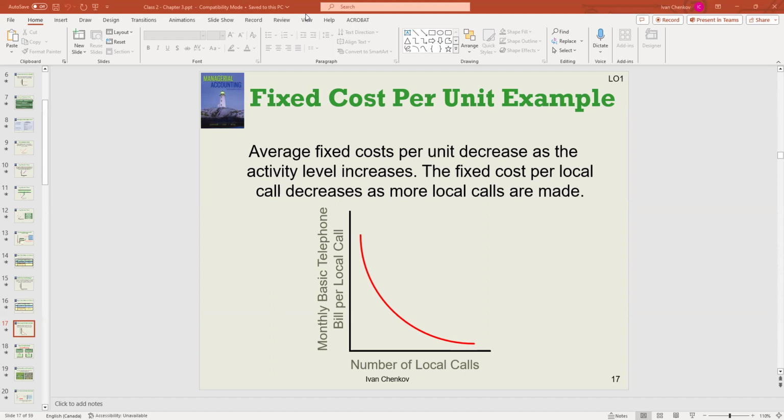But now we have a dilemma. What should I do in the classroom? Should I pay attention or should I text? Because I already know the more I'm texting, the more the cost per text message is going to go down. But the other thing is, the more I pay attention in the classroom, the less my cost per minute is going to be for the course. So how can I make that decision? Well, it's very simple.